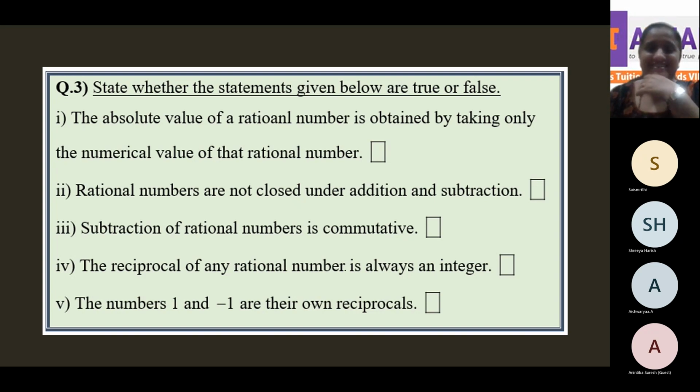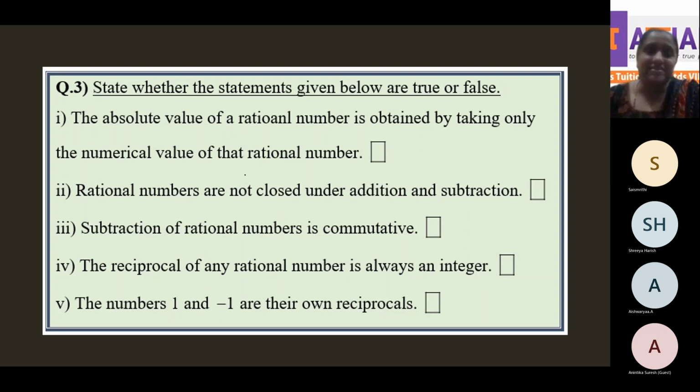Anantika says false. Sai Smriti thinks it's actually true. Shreya says true, she's sure. Aishwarya says she's not exactly sure.